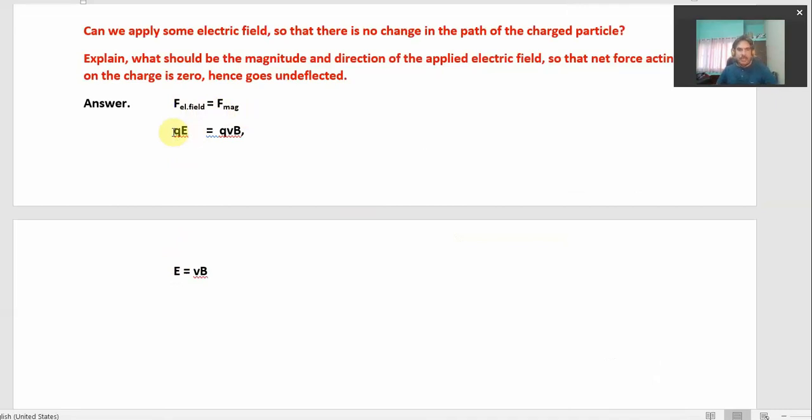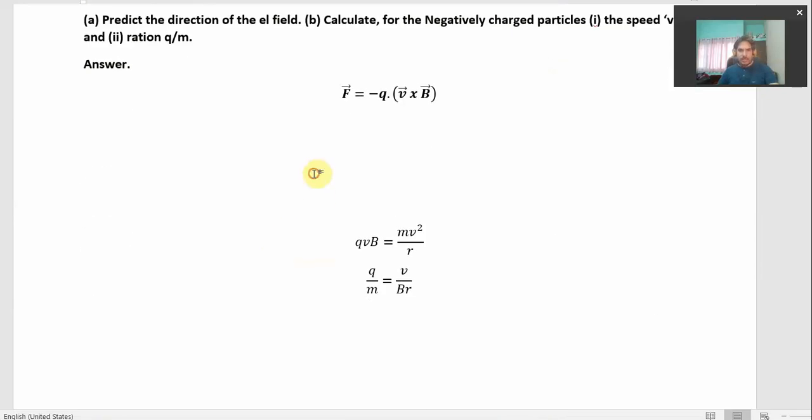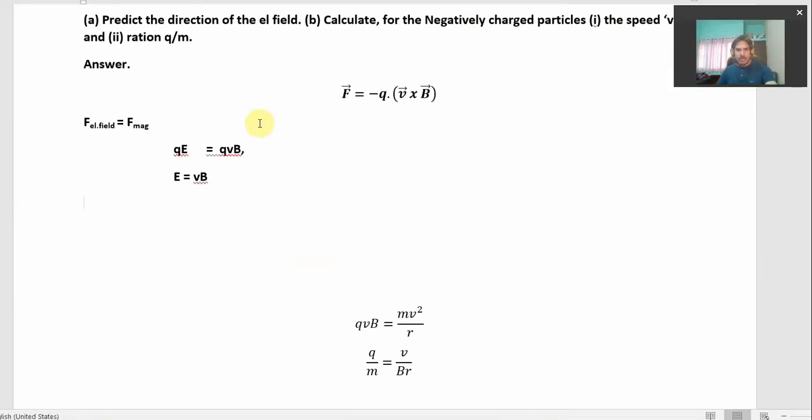From here we see that qE is equal to qvB, and from here we can write the expression for v. So we can use the same values here and see what we get.